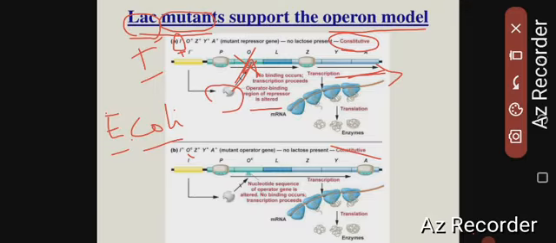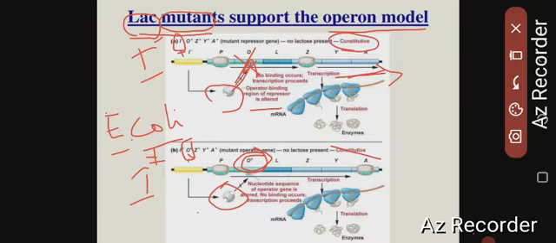The second mutation occurs in the operator, which is called Oc here. Here the repressor is okay, it is I positive, and whatever repressor is formed is fine, but there is a problem in the operator. The nucleotide sequence of the operator gene is altered, so no binding occurs.